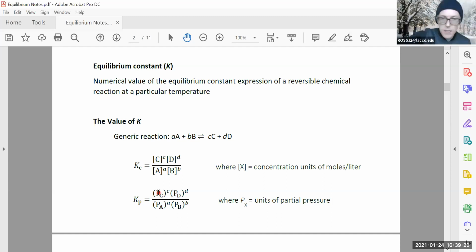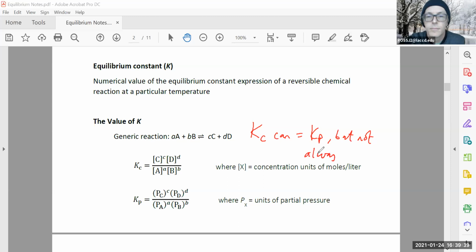And interestingly, Kc can equal Kp, but not always. So it depends, and we'll see how it depends in a second.